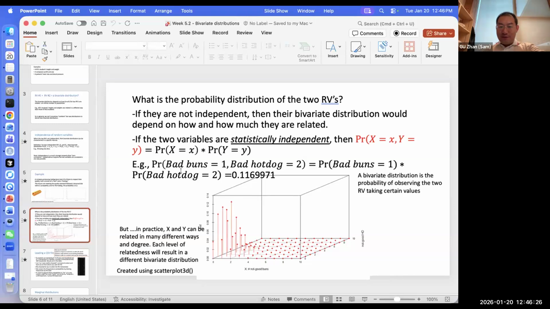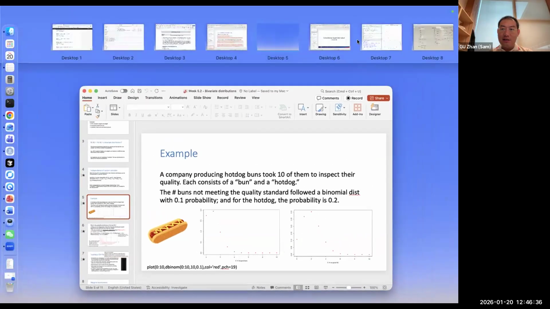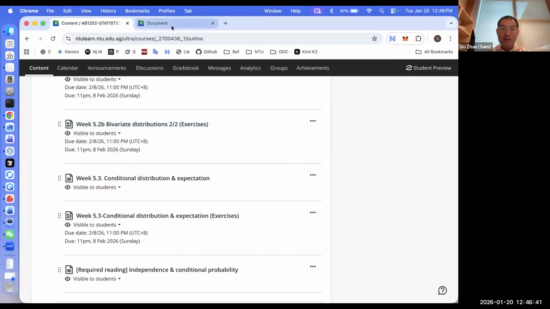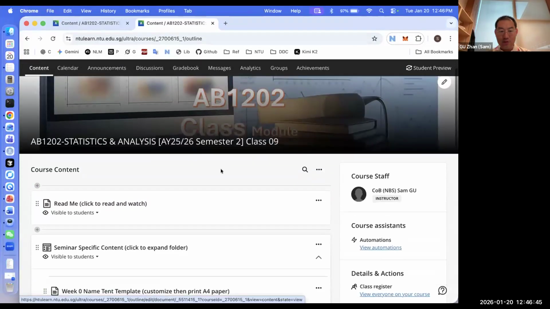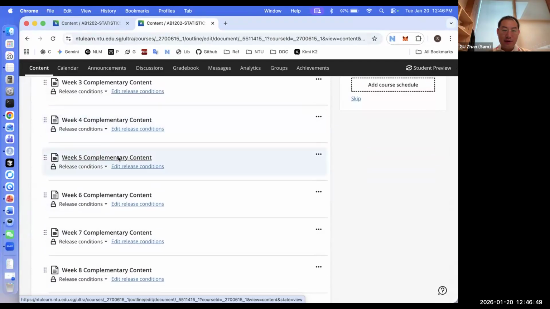Okay, so I'm going to run a few visualizations to help you better understand the relationship of these two. I'm going to open R, but I need to find the R script. You can find the R script in the seminar group. You pick your seminar group, then go to the seminar specific content, week 5.